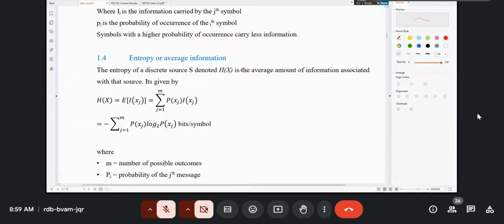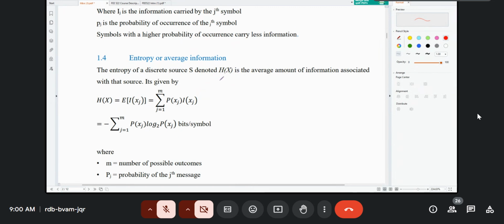So the entropy over a discrete source S is denoted by H, the symbol for entropy. You normally use capital letters for things which are expectations, because we are dealing with probability.